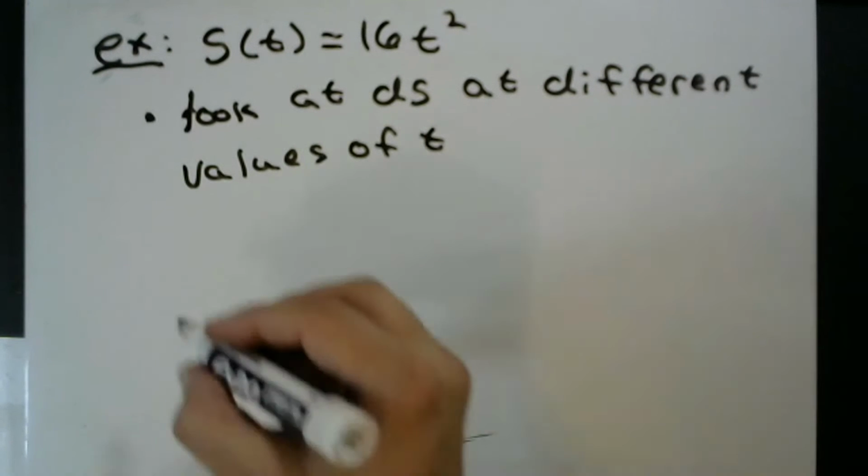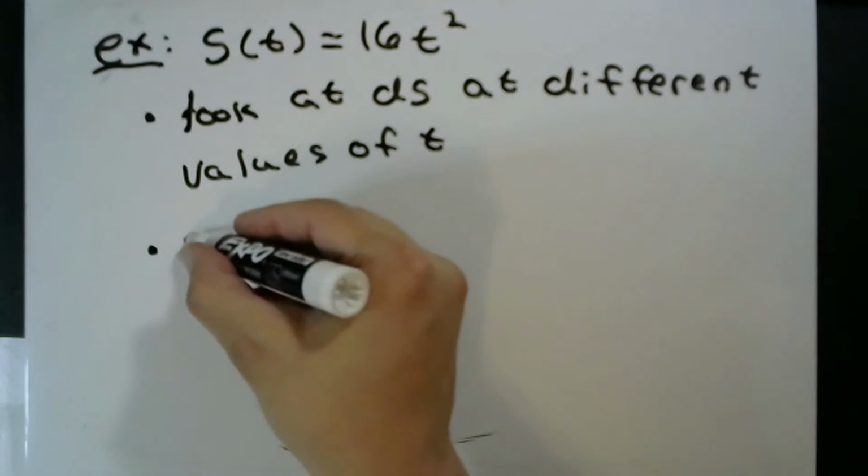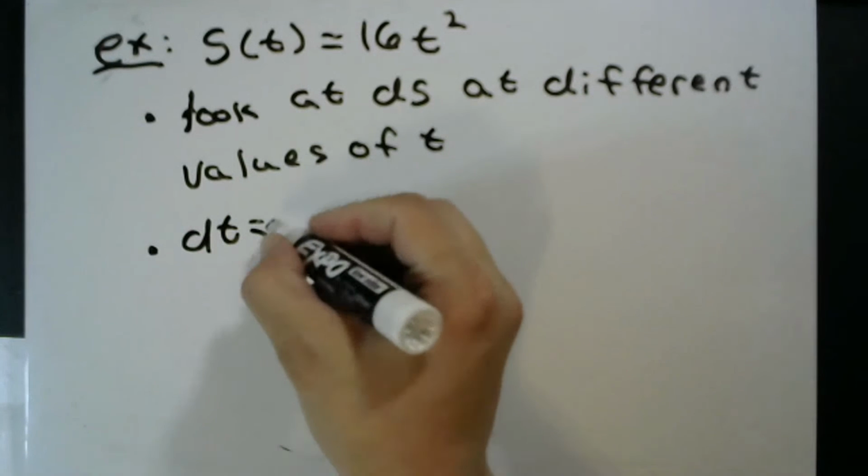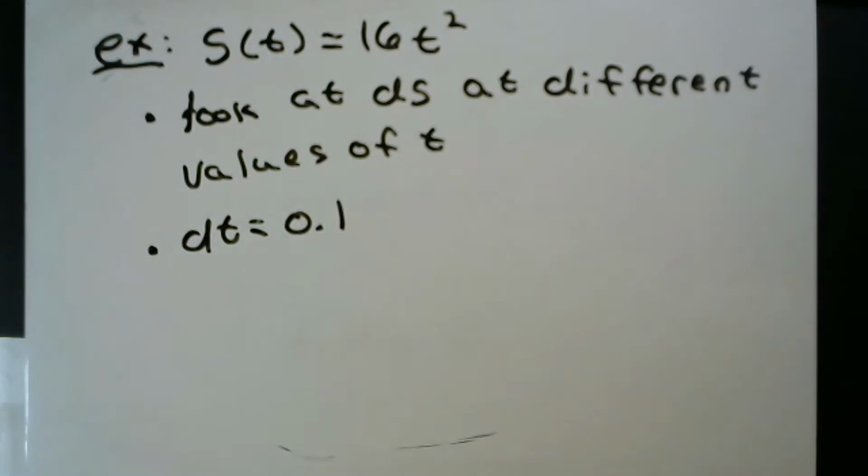So first off, let's find ds. Now, one thing we're going to do, we're going to let dt be 0.1 or 1/10. We're going to go with that for our dt. If we're dealing with ds, we're going to deal with dt.